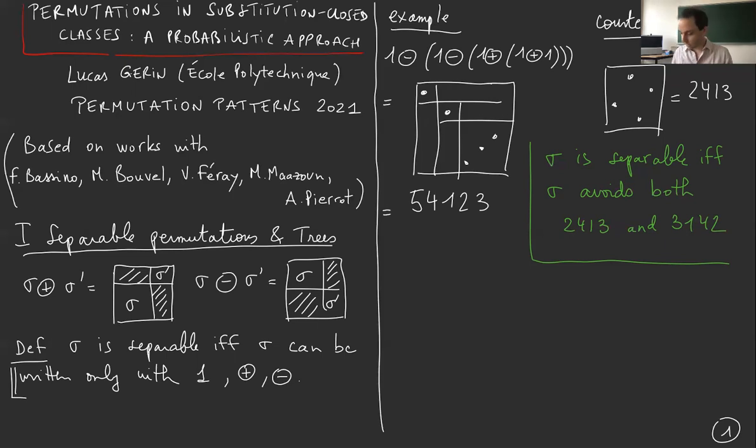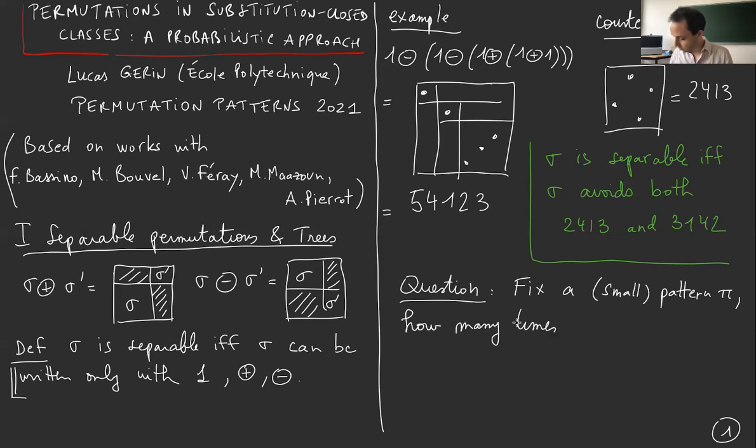So the big question we ask is: if we fix a small pattern pi, how many times does pi occur as a pattern in a typical large separable permutation?